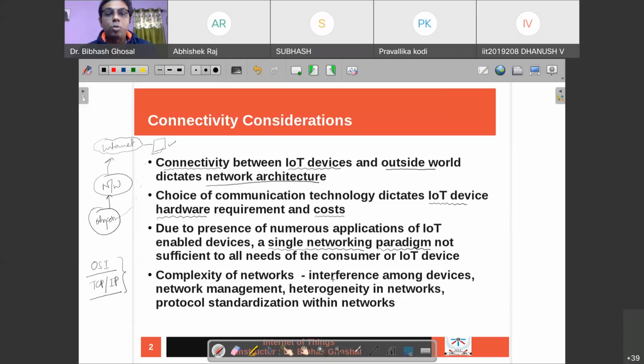And if that is so, there is bound to be some kind of interference. Okay, there will be some kind of interference among the devices. So the network should be robust and it should be sufficient enough to handle these problems of heterogeneity, problems of non-standardization. There are no standards as such.